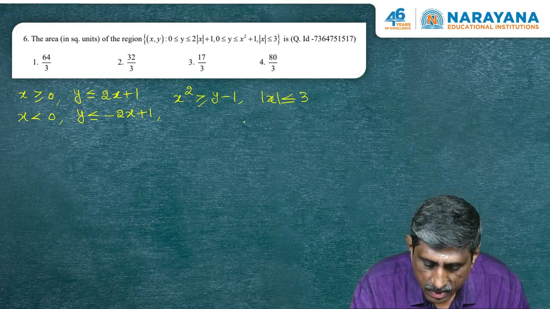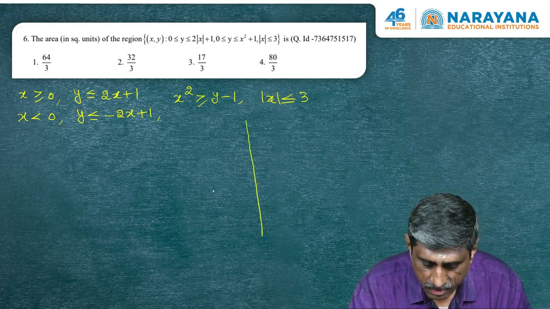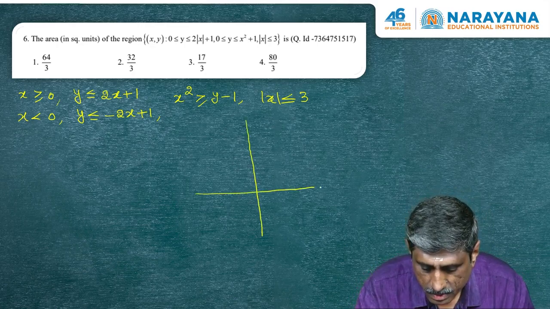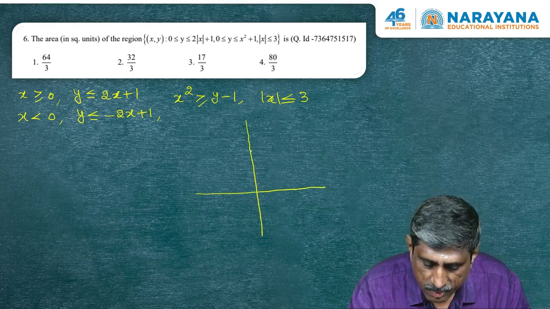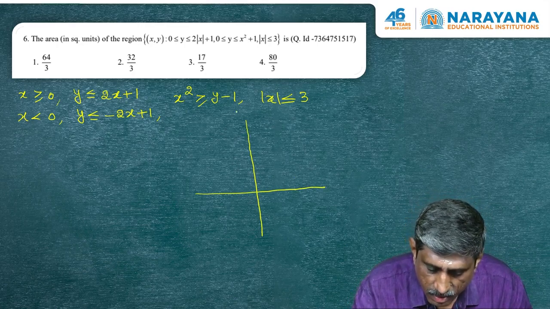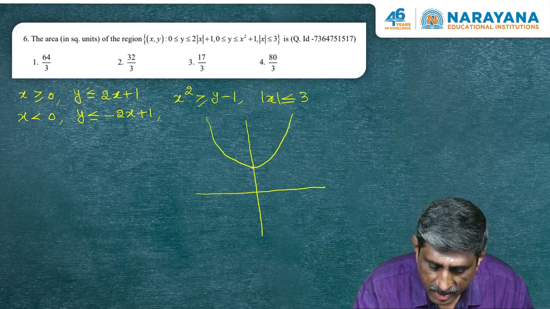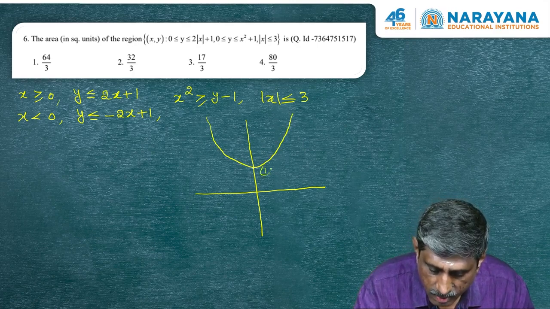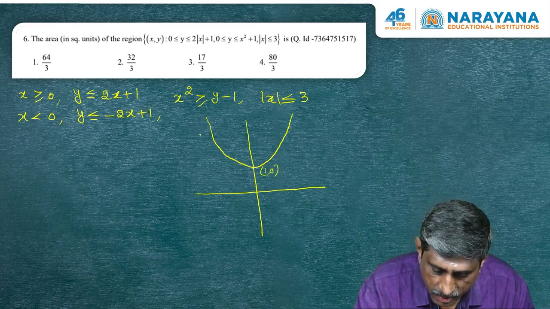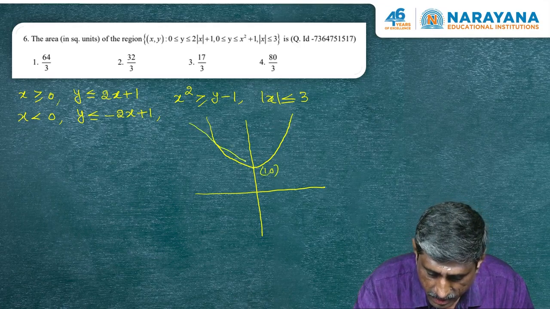So, when we draw the graph, we understand that y is equal to 2x plus 1, this is 0 comma 1, and for the parabola also it is an upward parabola with vertex 0 comma 1, we get a parabola like this, and we have the straight line like this.